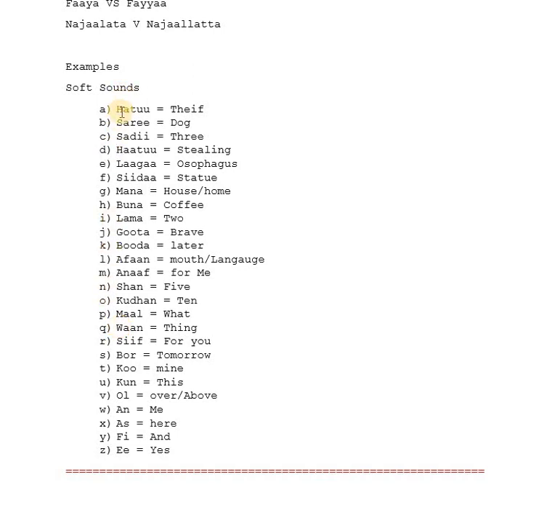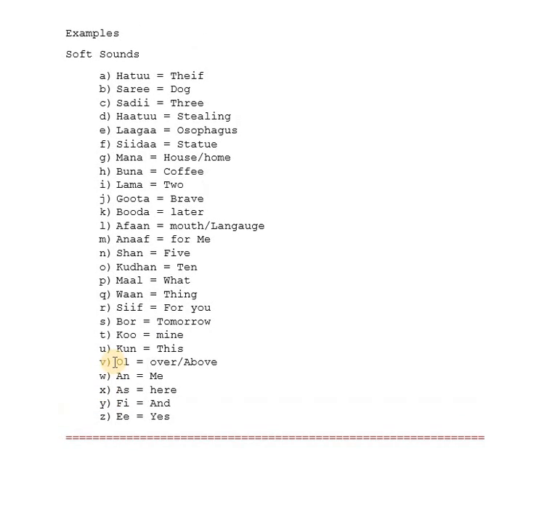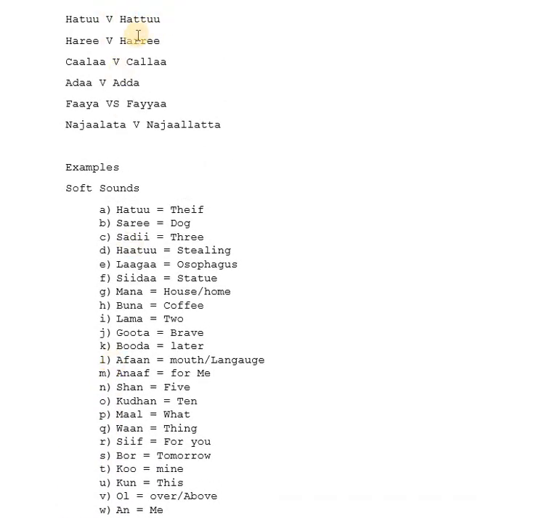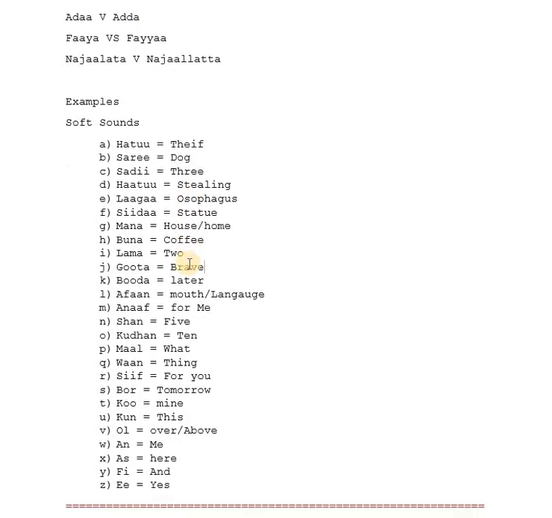The first sound is always soft, and we can't make it strong in the Oromo language. That is one rule that we have to know. And I will continue with strong sounds in the next video.